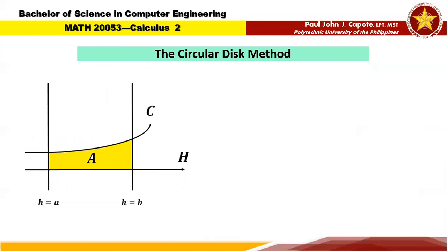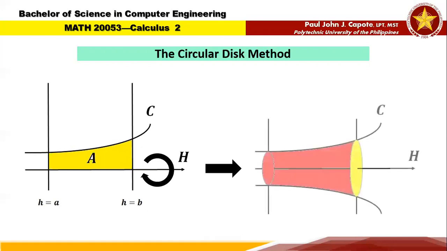Consider the area A under the curve C of a certain function f, and between the lines h equals a and h equals b. Assume that f is continuous on the closed interval [a, b]. If the area is revolved about the horizontal line h, a solid of revolution is generated.